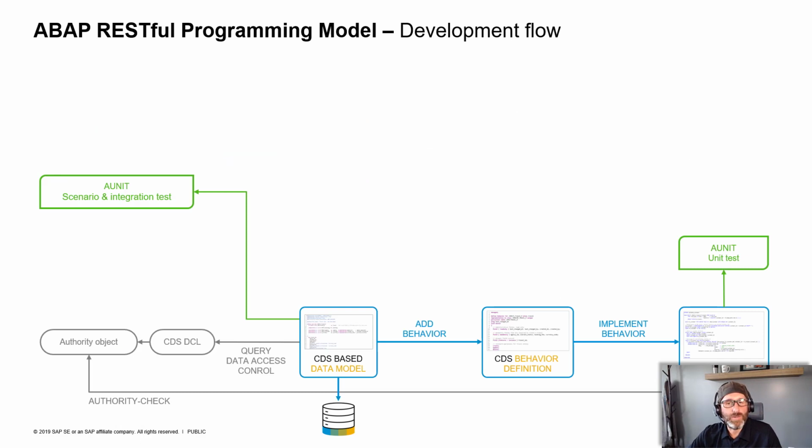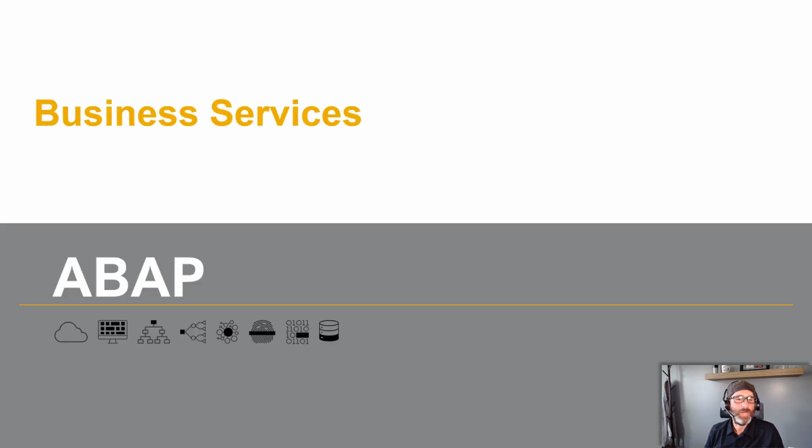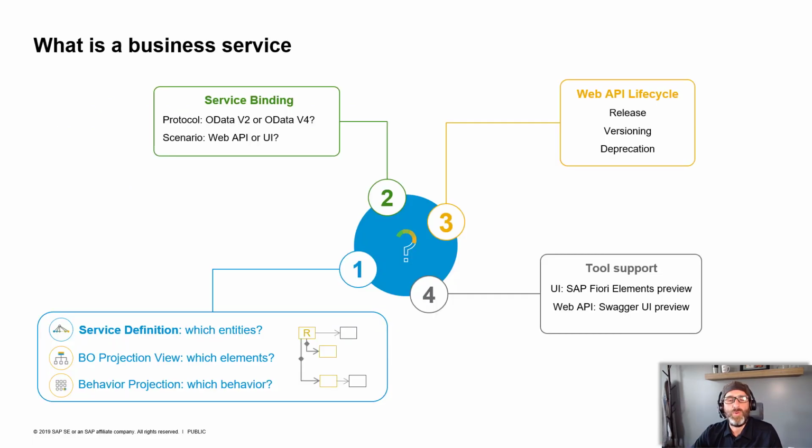Okay, this is what our development flow looks like at the moment. So we're just talking about this lower level here where we're creating our data model, we're adding behaviors, and we're implementing our behaviors. Now, at the business services layer, this is where we create our service definition and expose the specific entities.